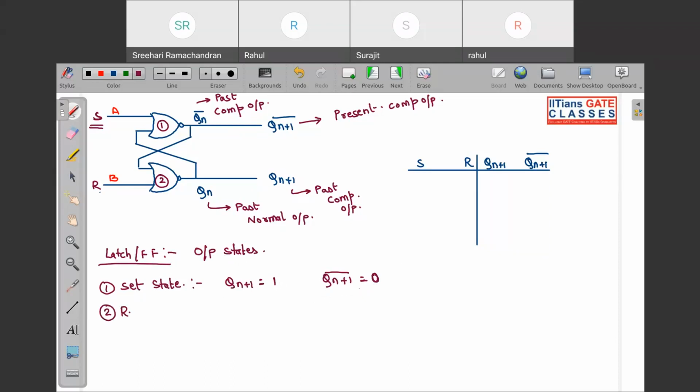Next is reset state. Reset state means when your normal output is 0 and complemented output is 1. Third is hold state. In hold state, whatever is your present output is the same as your past output.